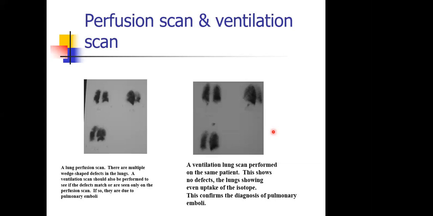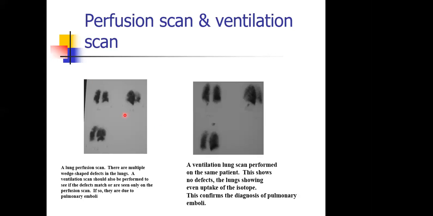Once it is injected into the patient's circulation, it will move along with the blood until it reaches the pulmonary capillary beds. That is where it gets trapped. Then the radioisotopes begin emitting radiation from there, and the image is taken like what we're seeing right here.